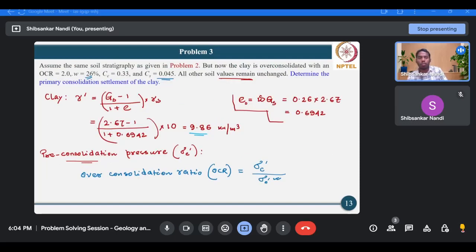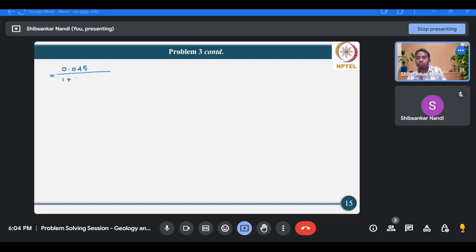Now e0 for this problem is 0.6942, multiplied by 2.5, multiplied by log of 2, that is the over consolidation ratio, or rather we can write 240.66 divided by 120.33. Okay, so this is for the first part.